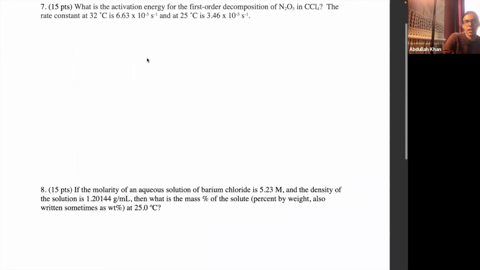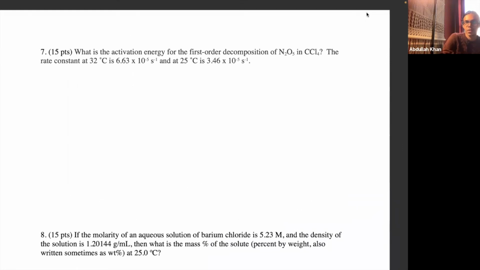Okay. What's the activation energy for the first order decomposition of blah, blah, blah? You only have one equation that deals with activation energy. It's the Arrhenius equation.